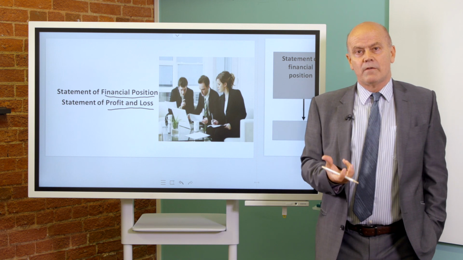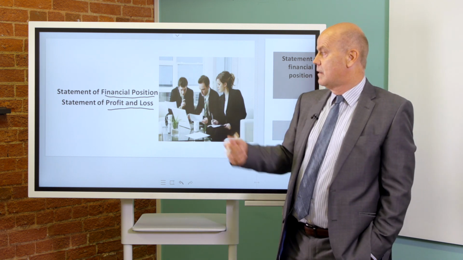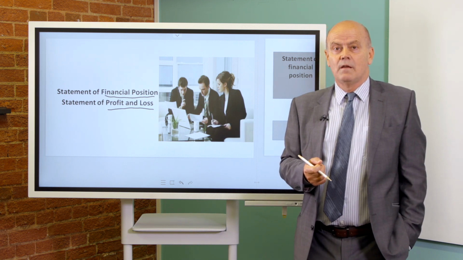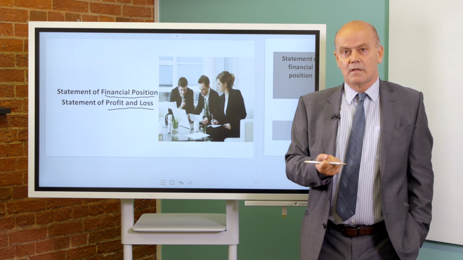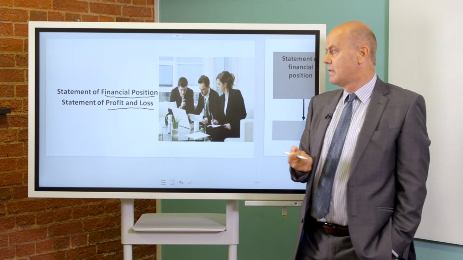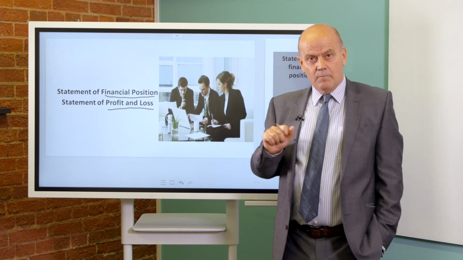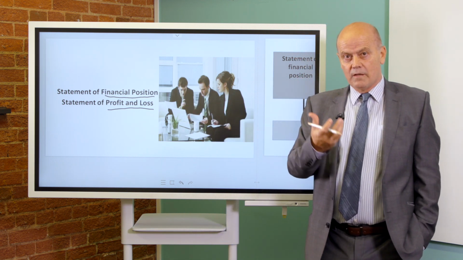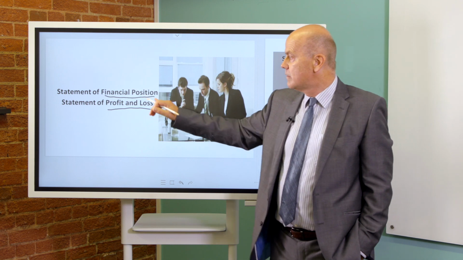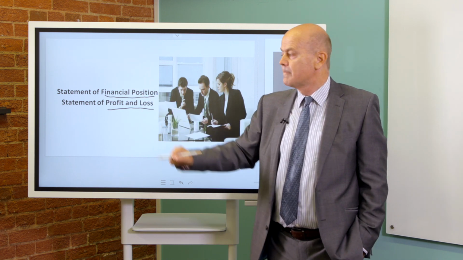The statement of profit and loss has always been that name, but occasionally you'll see it called the income statement. A lot of American companies use the name income statement. It's a very American word. You can use either name, but officially the correct names are these two.